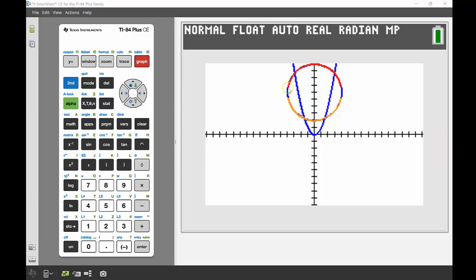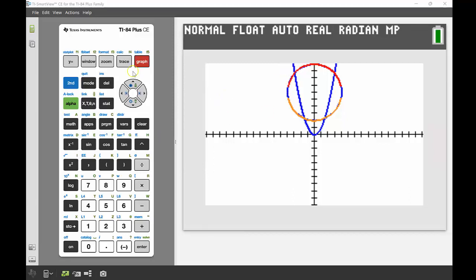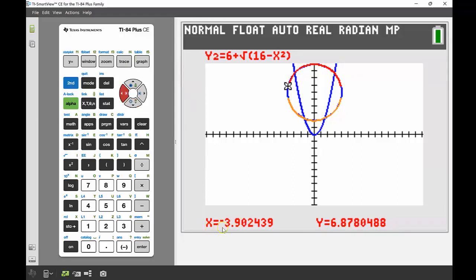If you're interested in why it doesn't match up perfectly, if we use the trace button here, and I just focus in on that red Y2 there, and I'm just going to move that trace along. You'll see that we get up to an x value of negative 3.9, so that is still giving us a valid y value, because when we've done 16 minus that squared, we've still got a positive value in our root.